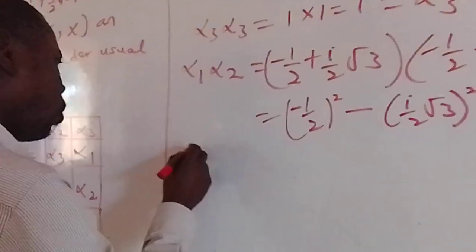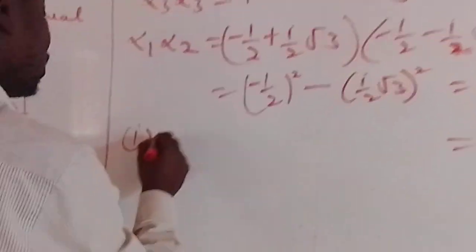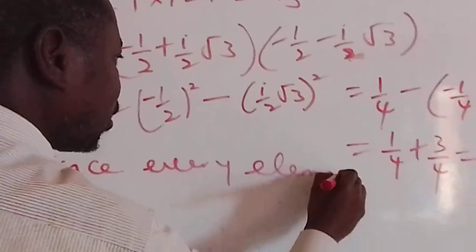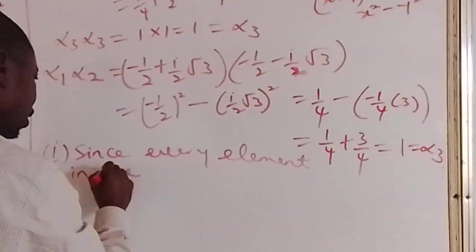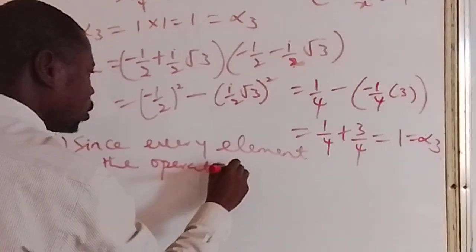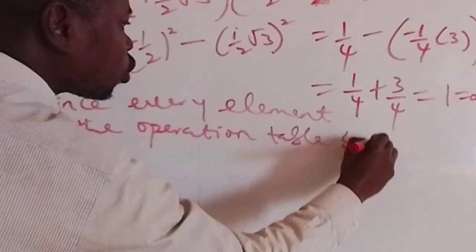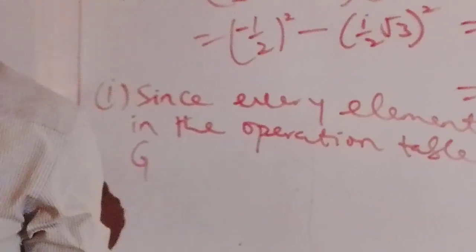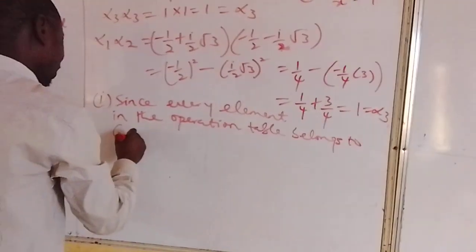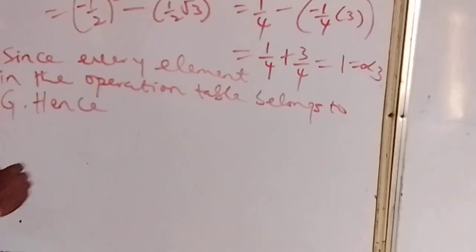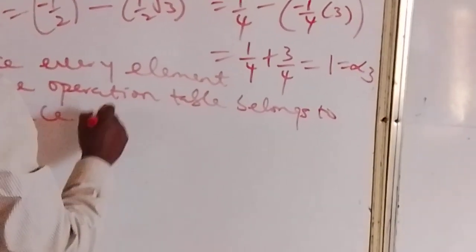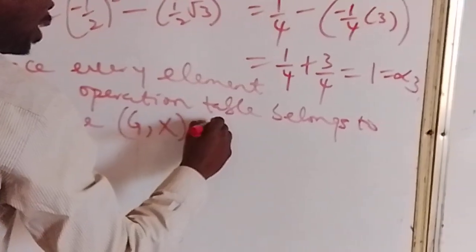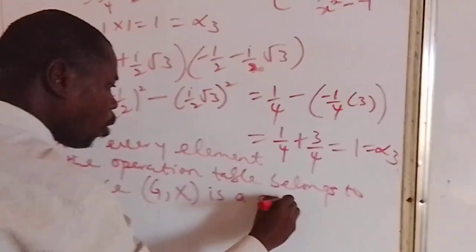So now, let's start from the property of closure. Since every element in the operation table belongs to G, that is the set, hence G, multiplication is a groupoid.